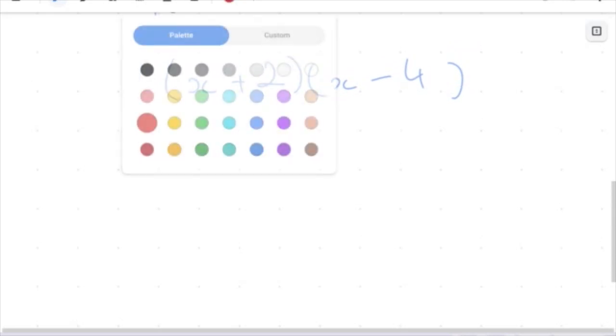So if I gave you one binomial product, so let's say x plus 2, x minus 4, and I wanted to expand this. Well, by now we should all hopefully be comfortable with expanding.